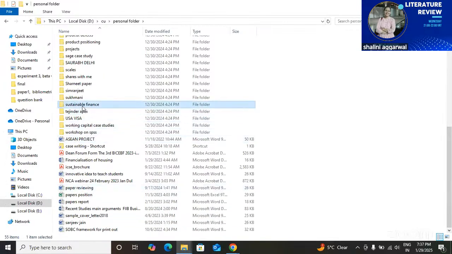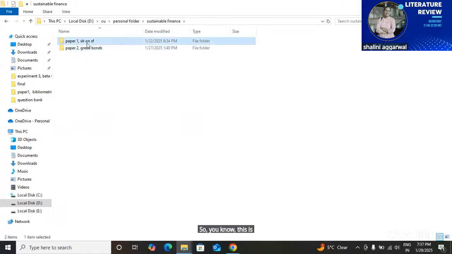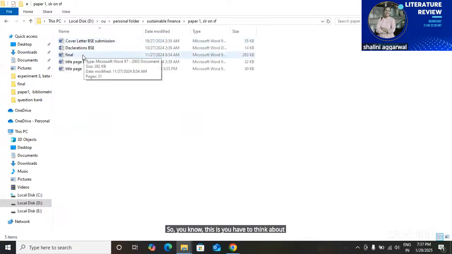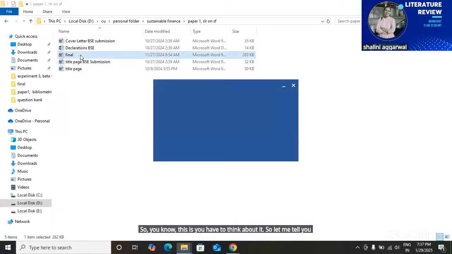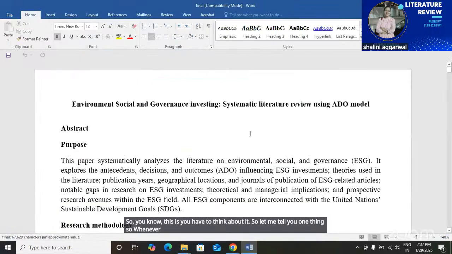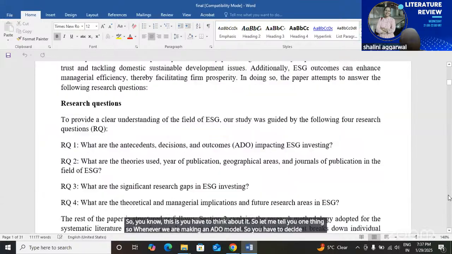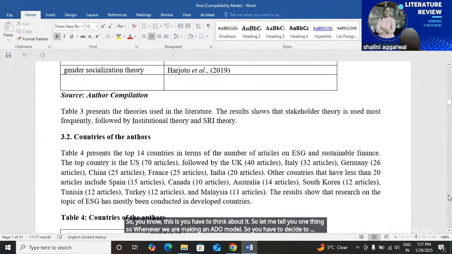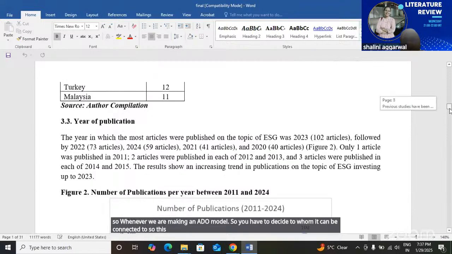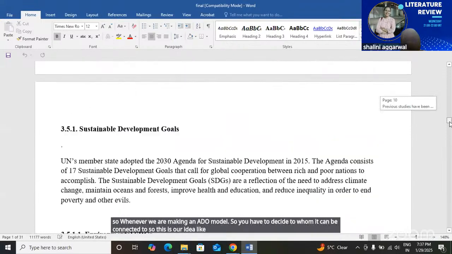So let me tell you one thing. Whenever we are making an ADO model, you have to decide to whom it can be connected. How did we come to this?